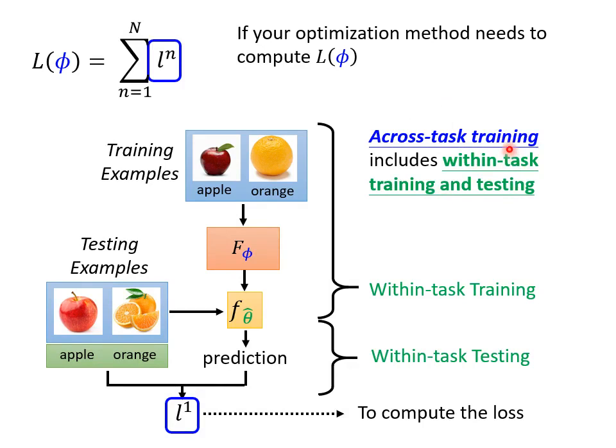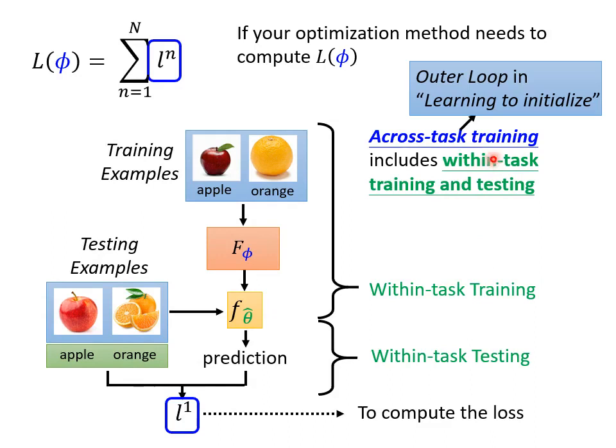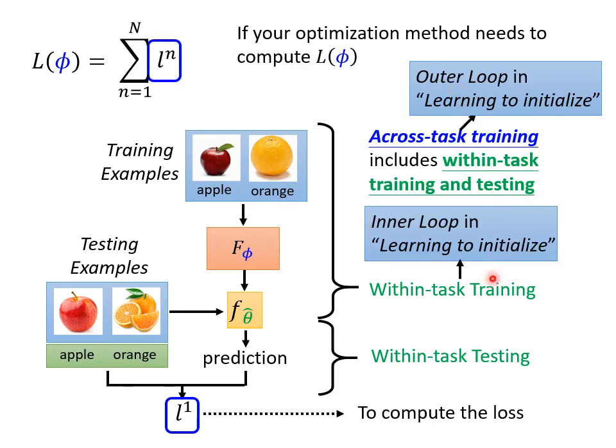In a bigger training, we have a smaller training. In the literature of learning to initialize, this across task training is called the outer loop. And the within task training is called the inner loop. To emphasize that we have some training in another training, in a bigger training, and in the bigger training, we need some smaller training.